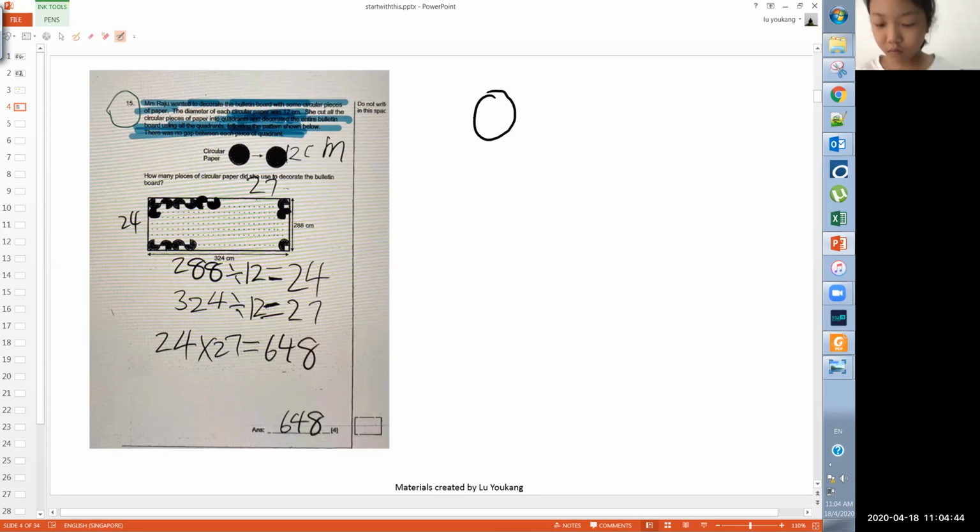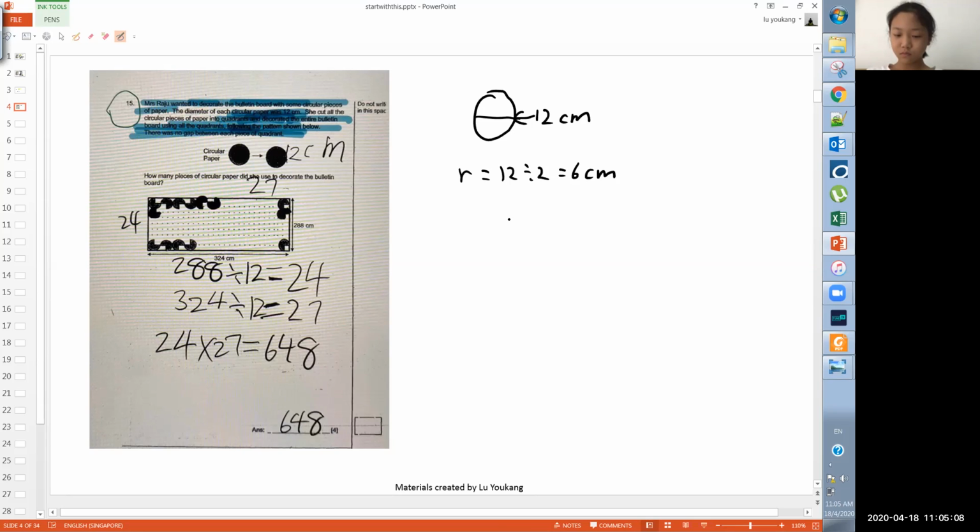So the diameter is what? 12. Okay, so if the diameter is 12, what is the radius? The radius is 6. Yes. So 12 divided by 2, you get 6.